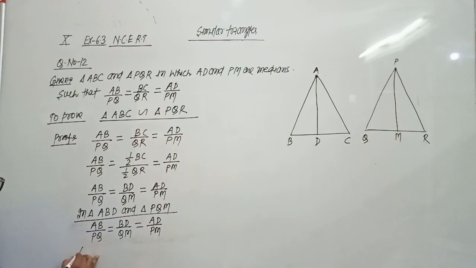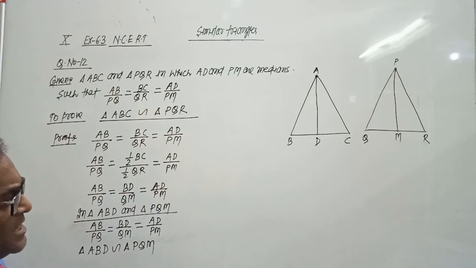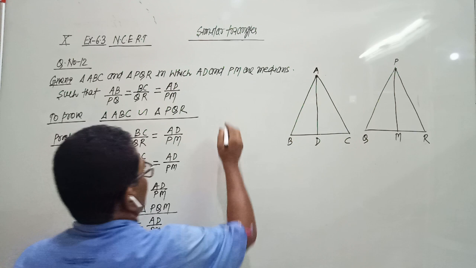Therefore, triangle ABD is similar to triangle PQM. And if triangle ABD is similar to triangle PQM, then their corresponding angles must be equal.